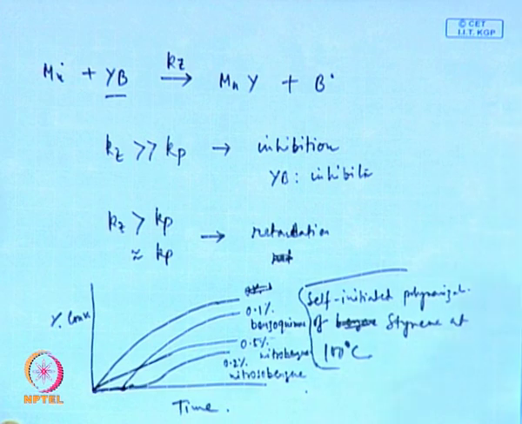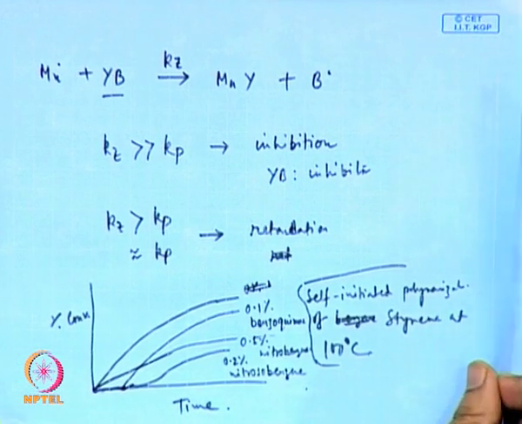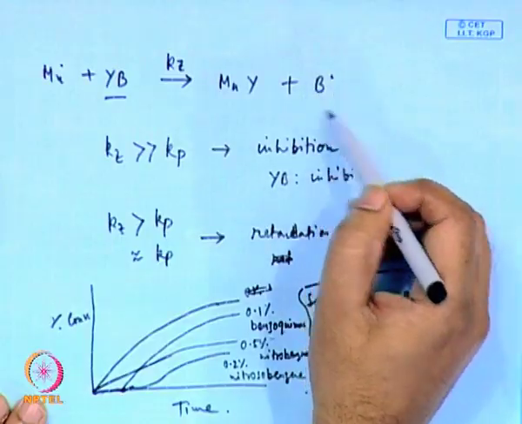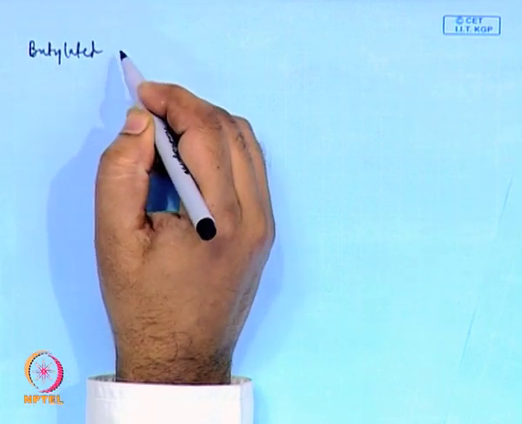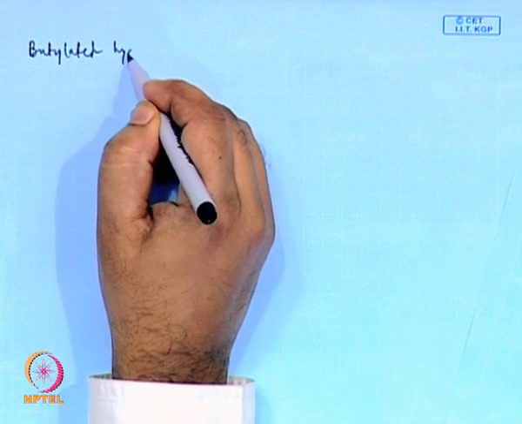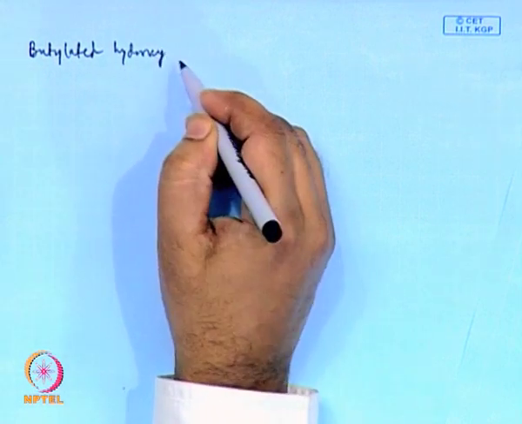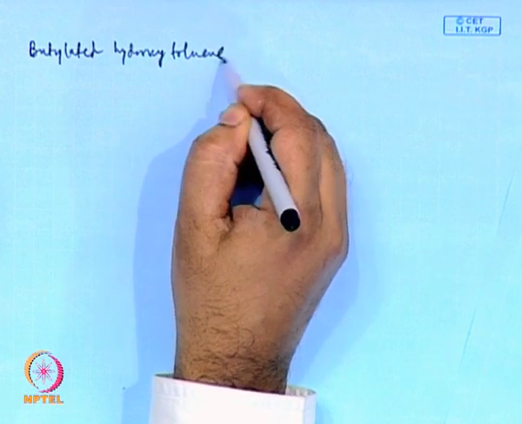And for examples of inhibitors, again this is when the radicals are very stable. For example, butylated hydroxytoluene.